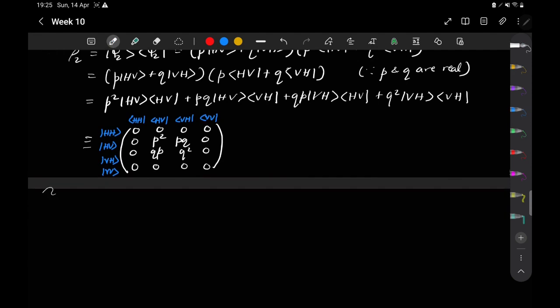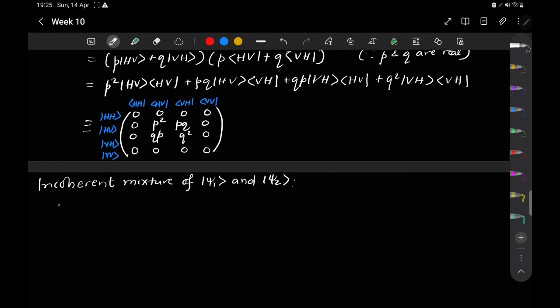Now we need to consider the incoherent mixture of psi1 and psi2. So this will be given as follows with equal proportion. So that's why half. So half rho 1 plus half rho 2.